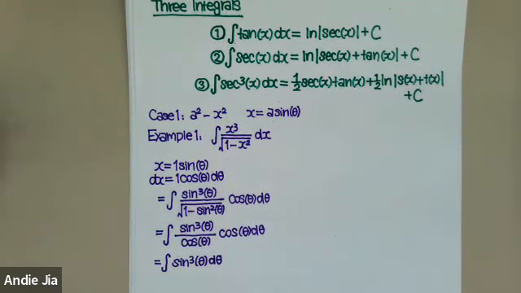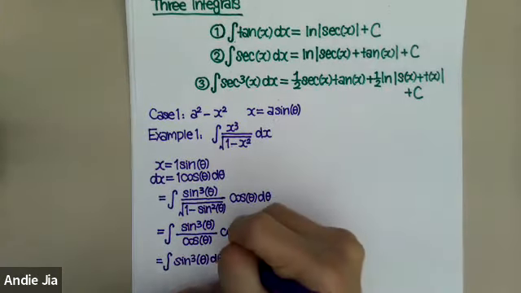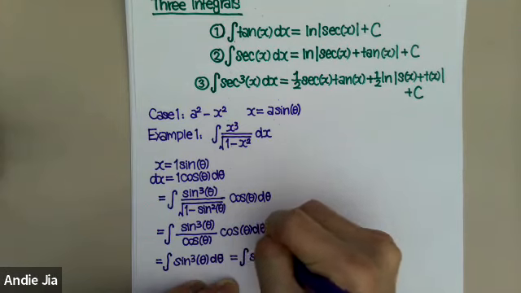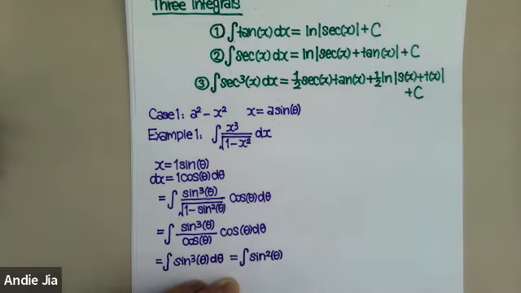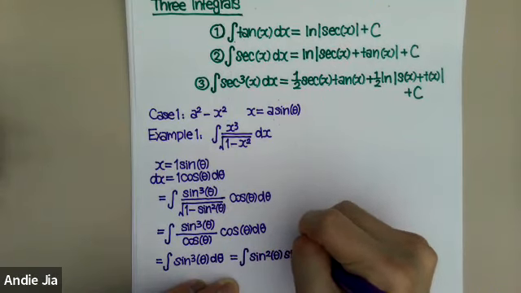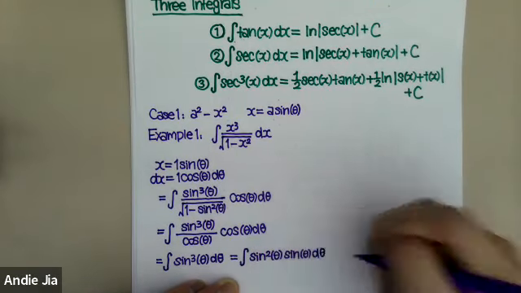Then we just need to refactor and use cosine squared. It becomes sine squared of theta times sine of theta d theta.